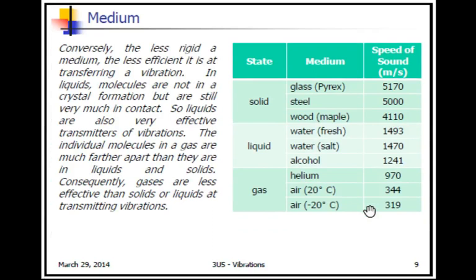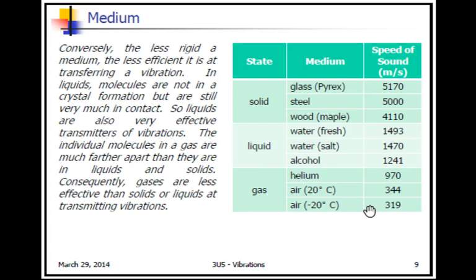The thicker a material is, the faster a wave can travel, and the less dense a material is, the slower the waves travel. If we look at the speed of sound, for example, sound will travel faster in solids than it will in liquids and than it will in gas.